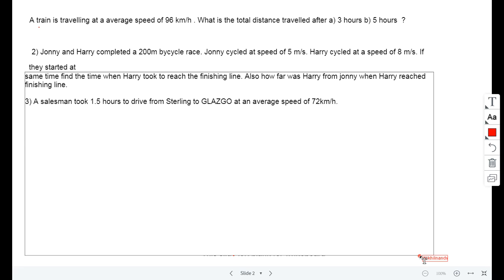When he returned from Glasgow to Stirling, he travelled at an average speed of 90 kilometers per hour.